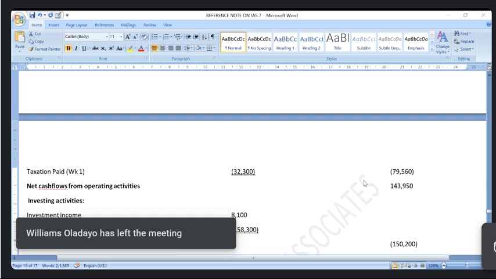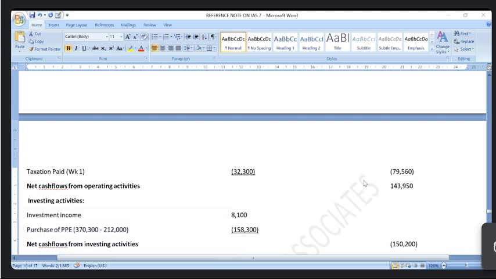I said how to know whether there are sales or purchases of PPE is you compare the opening balance with the closing balance. If the closing balance is higher than the opening balance, that means there are purchases in the year. Do you understand now?